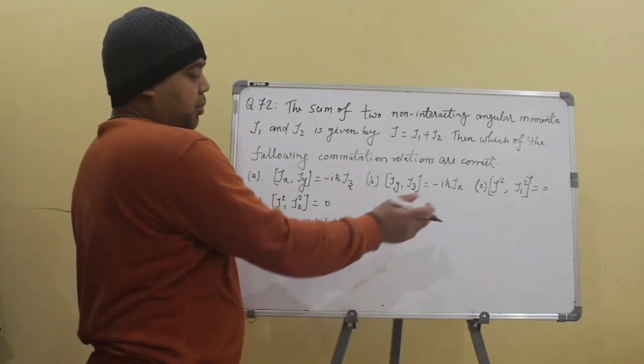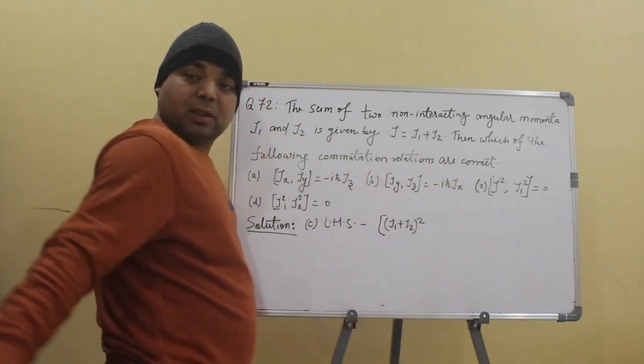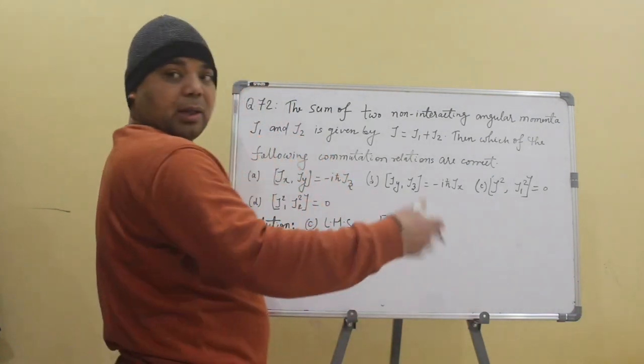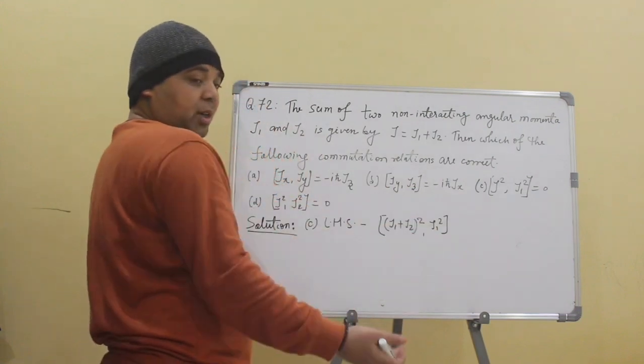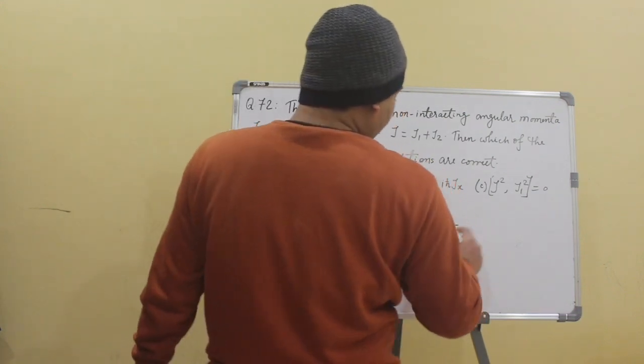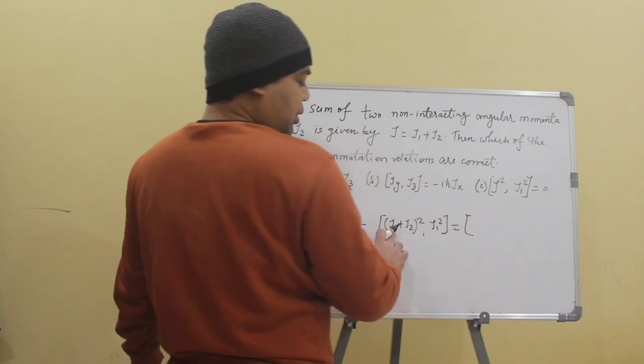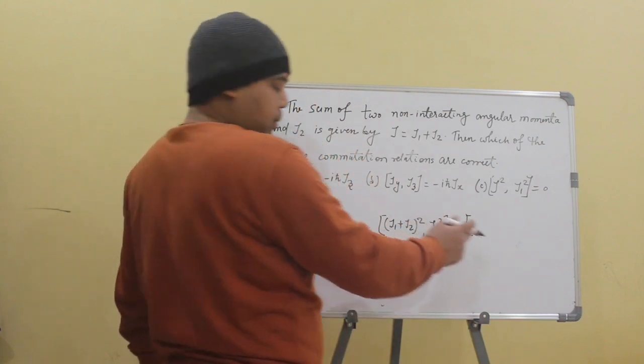Just put it like that, expand it, and then take the commutator one by one. So it gives you J1² plus J2² plus 2 J1 J2.